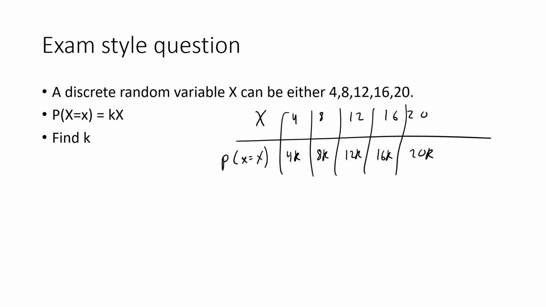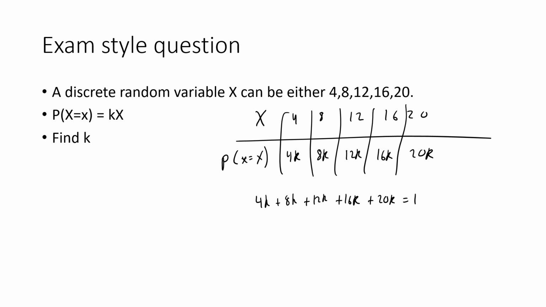Now, one important thing to always remember is all of these values should add up to 1. This is something you should check when you do this question and you're finding it a bit tricky, just to make sure you haven't lost the mark on that. So if we add all of these up, 4k plus 8k plus 12k plus 16k plus 20k equals 1.